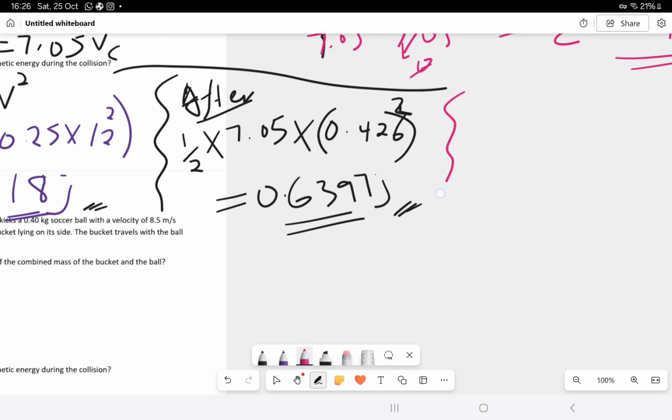I subtract 18 minus 0.6397, and you get 17.36 joules.